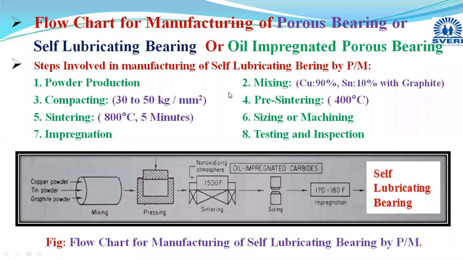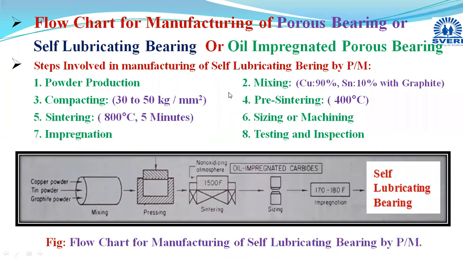As load carrying capacity is more, that kind of bearing is used for heavy load and low speed applications. Please listen carefully, I will repeat it again. If the amount of pores in that bearing is less, then its oil retaining capacity is less, but its load carrying capacity is more, and hence these bearings can be used for heavy load and slow speed applications. This is the first working condition.